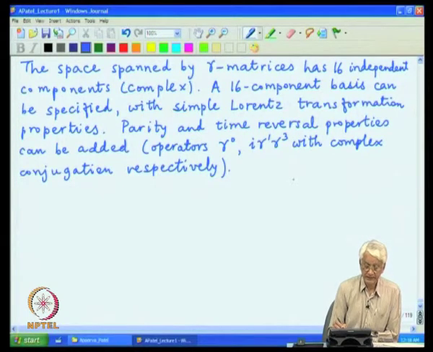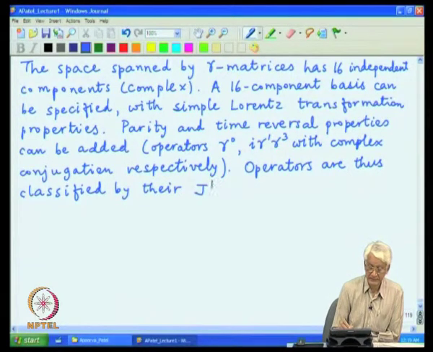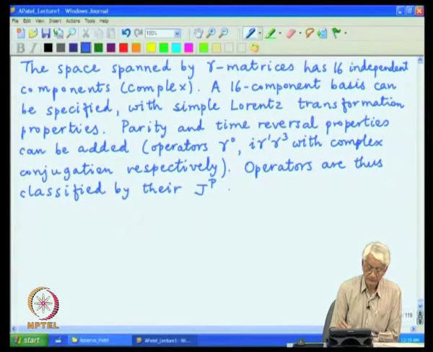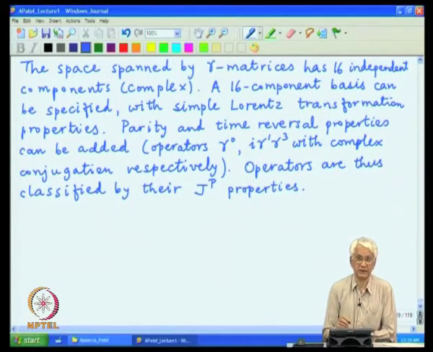So, that allows classifications of operators by their J P properties, where J comes from the continuous part of the Lorentz group and specifies the angular momentum or equivalently the spin value for the operator, and P is the discrete part, it is the value coming from what happens to the operator under parity.